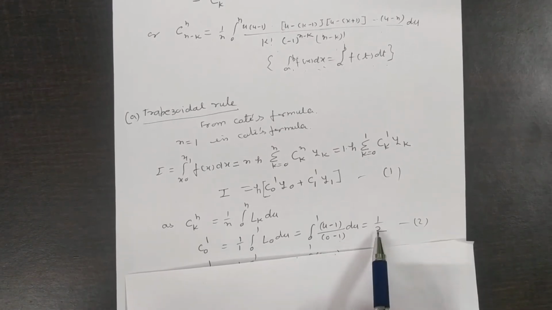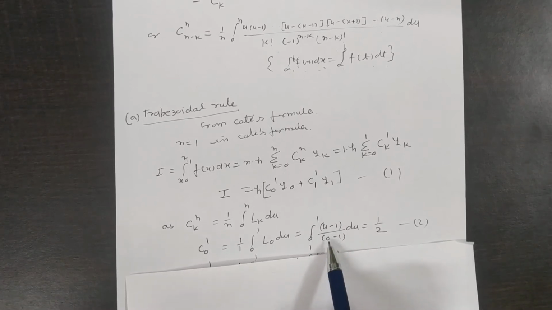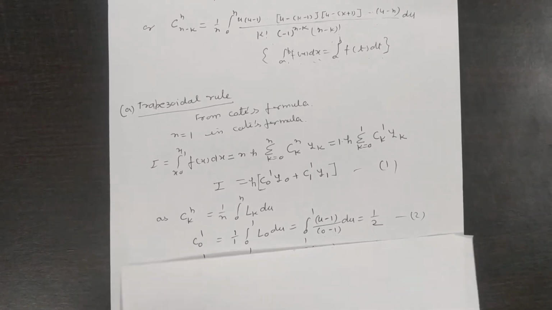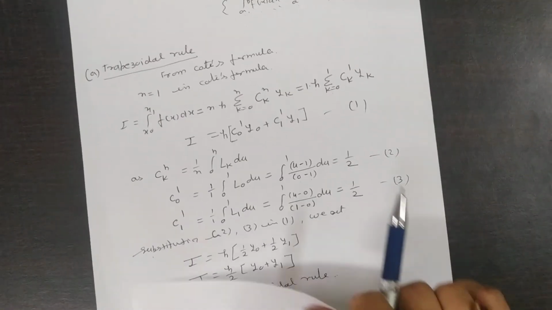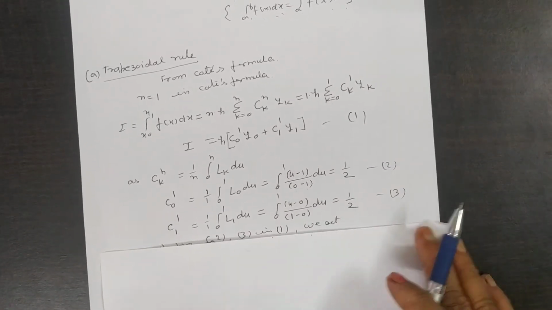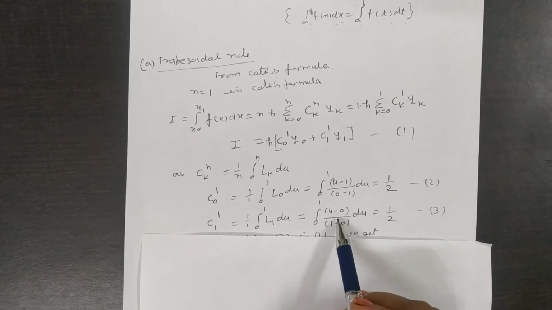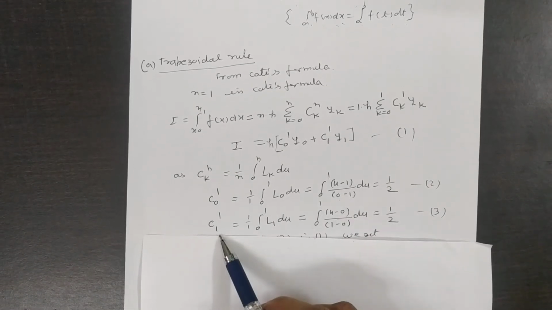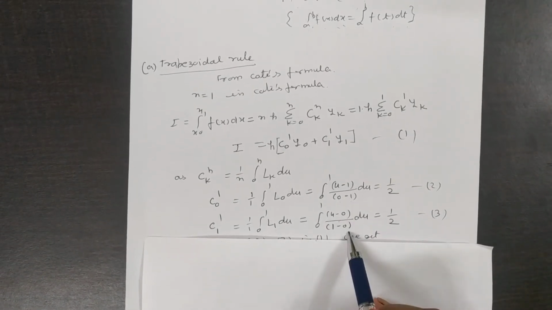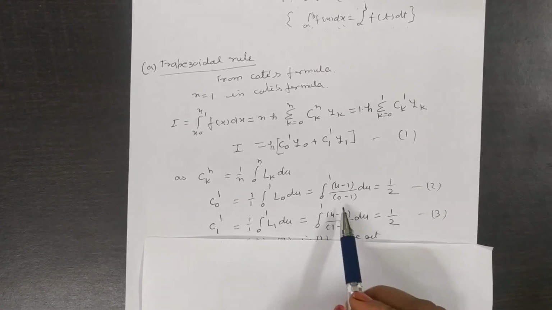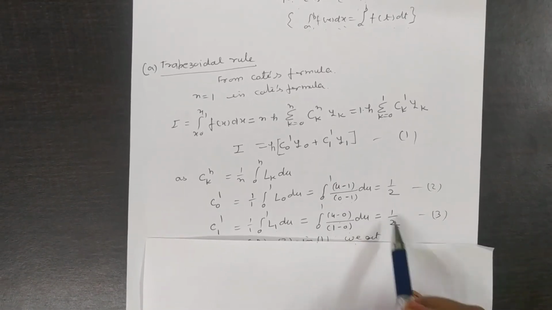Integrating this, it is equal to this. This is the Lagrange interpolation. Similarly, you can get C_1^1, which is the integral from 1 to 1 of L_1 du. Here we have u minus 0 over 1 minus 0.